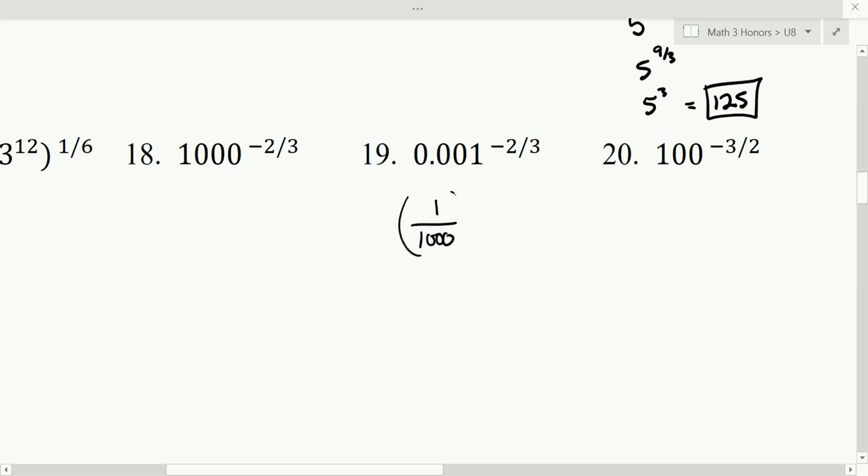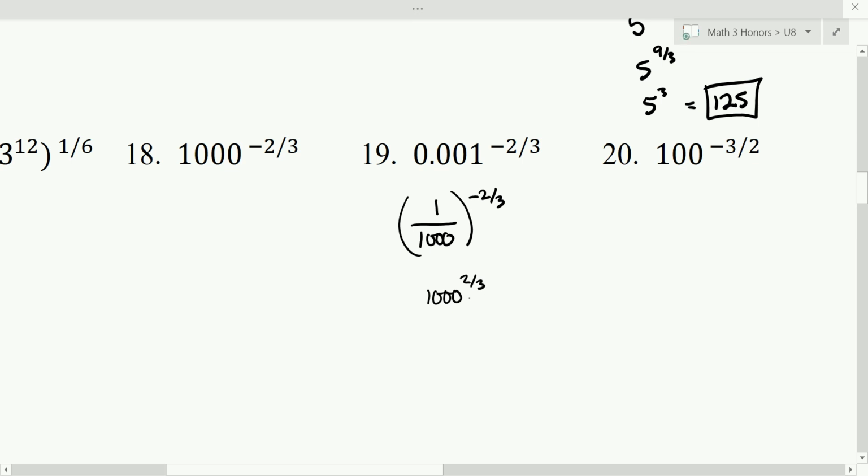And all of that is raised to the power of negative 2/3. What do you know about negative exponents? It's kind of a reciprocal part, right? So you can make this a positive 2/3 if you flip the fraction over. Make this 1,000 the positive 2/3.